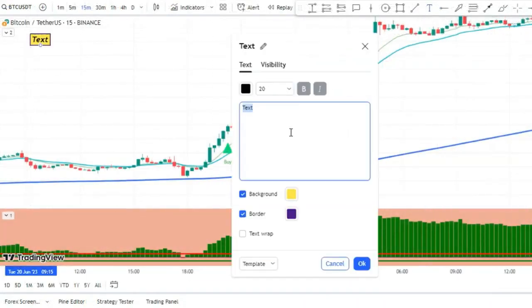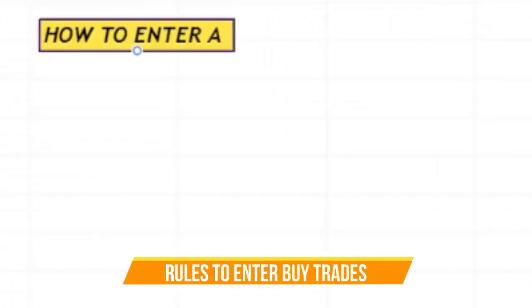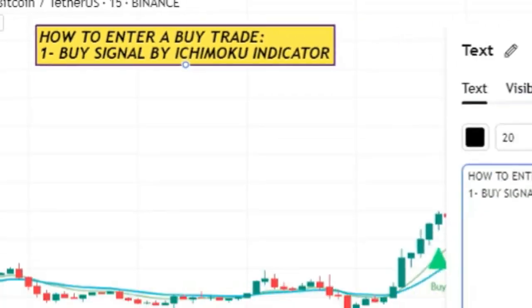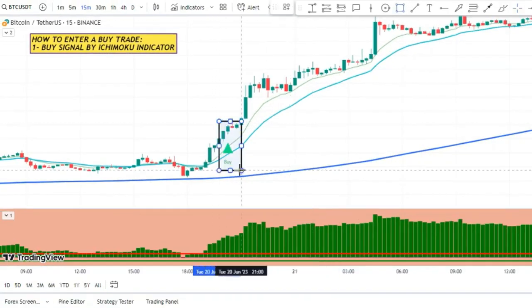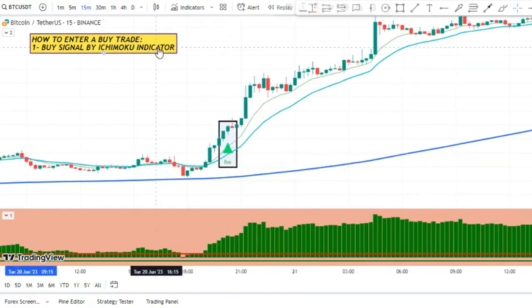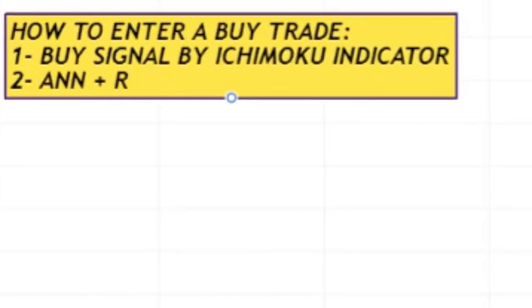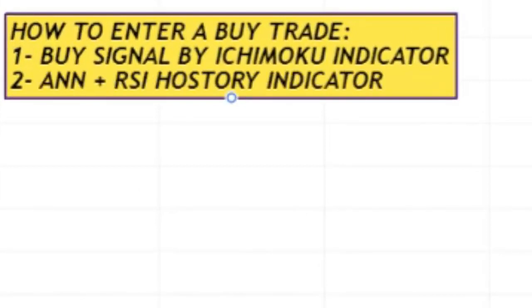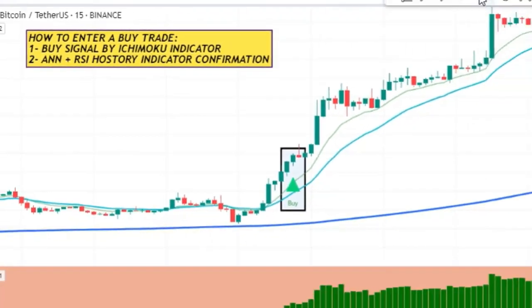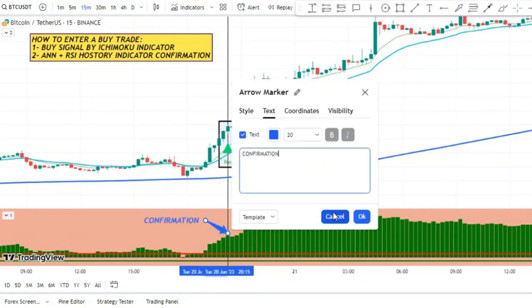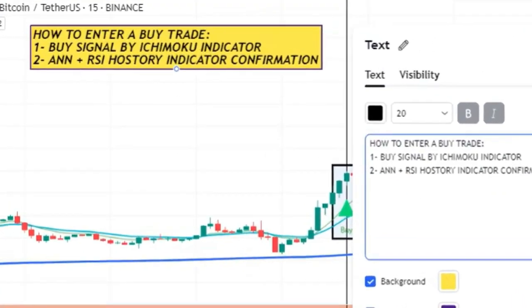Now that we've built our indicator arsenal, here are the rules to enter a buy trade. First, the Ichimoku indicator needs to flash a buy signal. Then the ANN plus RSI history indicator has to second the motion with a green histogram above 10, confirming our bullish bias. Next up, trend confirmation.